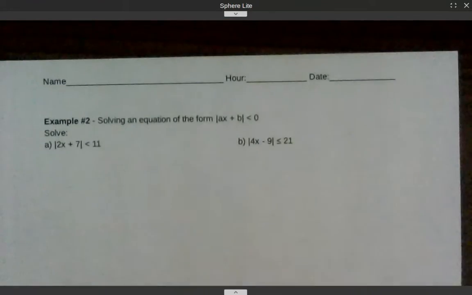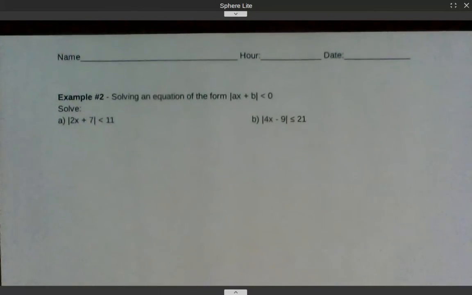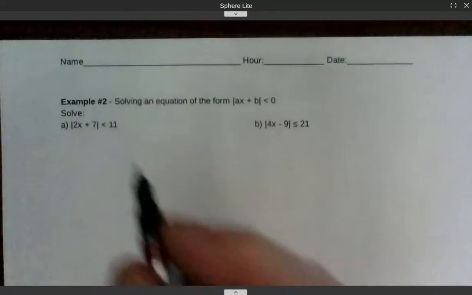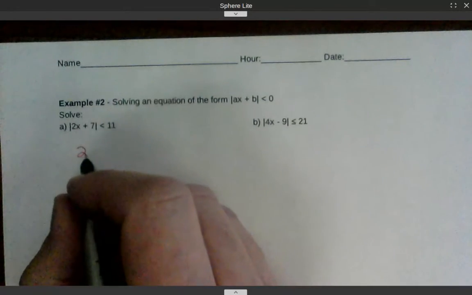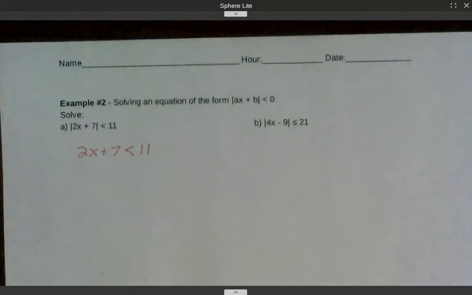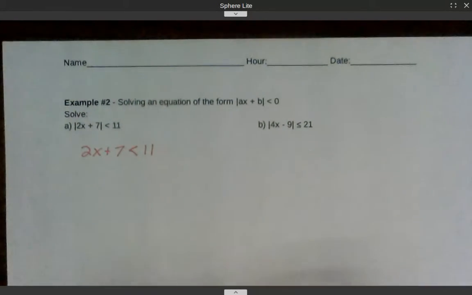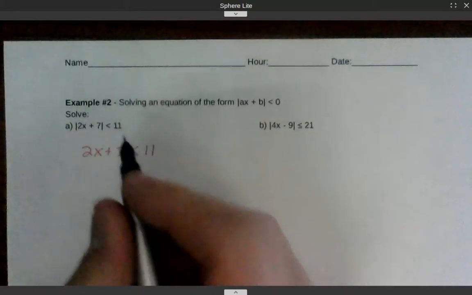Now, oftentimes, rather than just looking at equals, we're going to look at inequalities. Anytime I have an inequality, I'm going to have one be positive and one be negative. So I'm going to take 2x plus 7, and I'm going to write it without the absolute value signs. Now we know, just like when we had an equal sign, we can also have a negative 11.